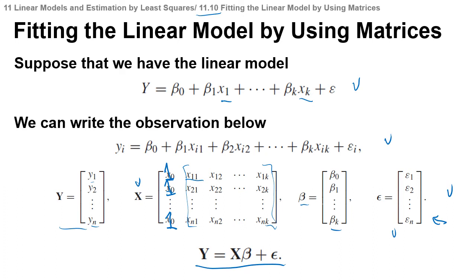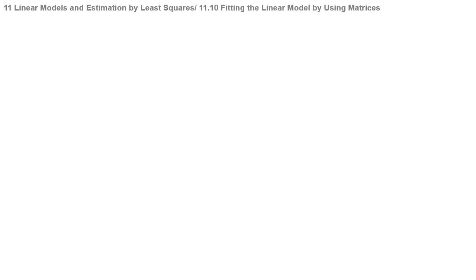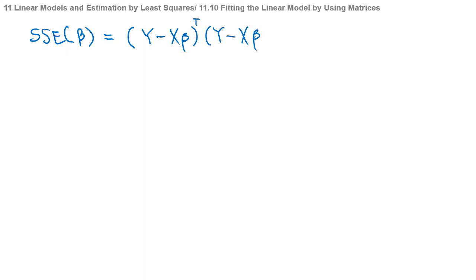Okay. So if you think this is clear, then let's move on to how we can derive the least squares estimate for beta. Here we minimize SSE(beta), and this SSE(beta) is (y minus X beta) transpose (y minus X beta).